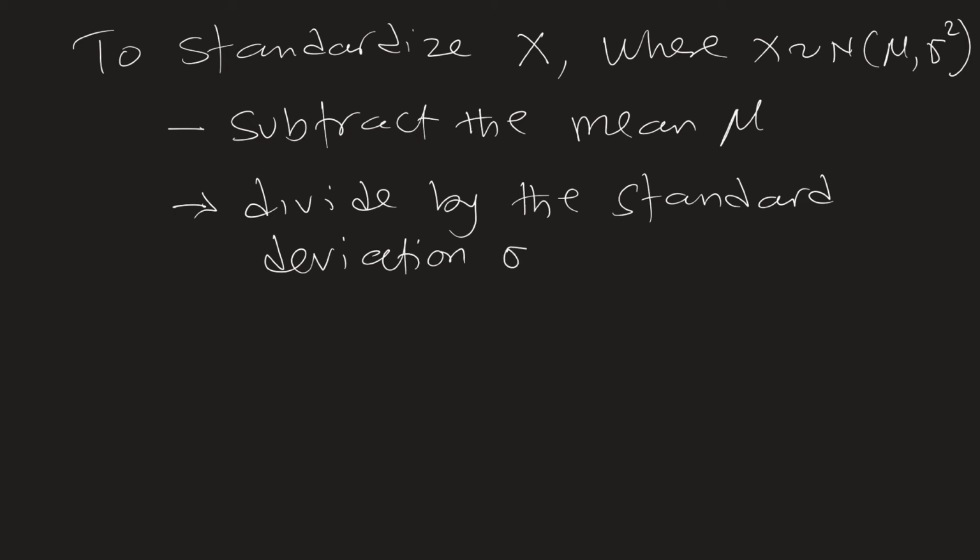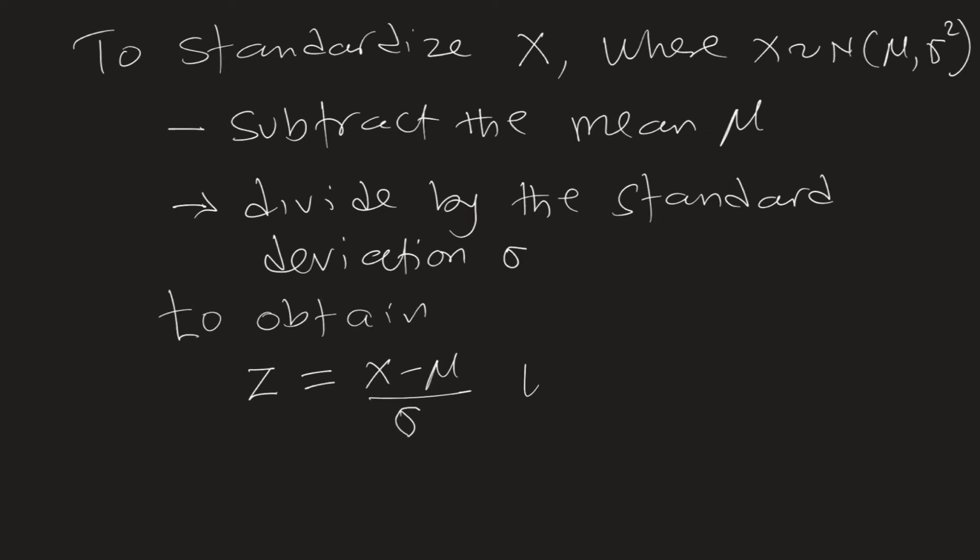So when you subtract mu and divide by the standard deviation sigma, then you obtain the standard variable z, which will be x minus mu divided by sigma.